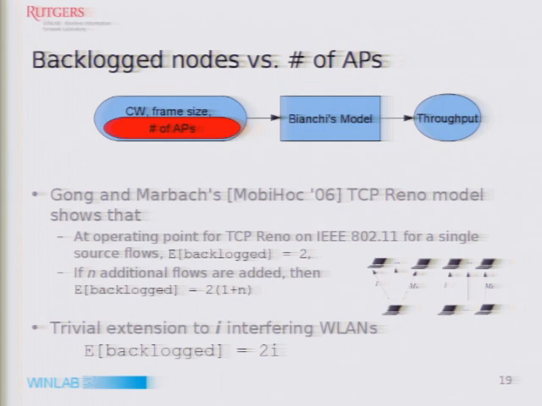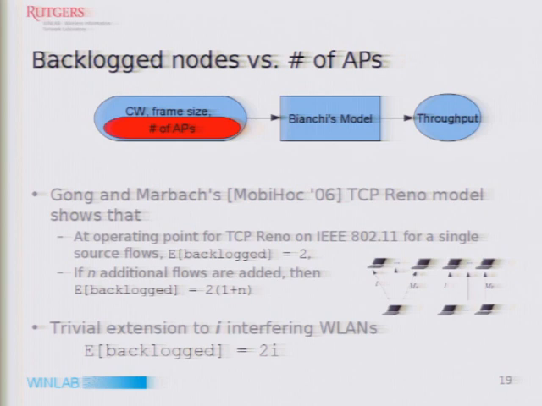I'm not going to go into details of that model, but the essential part that we used from it is this: if you have a single-source 802.11 network where you have TCP flows from one source to multiple destinations, the expected number of backlogged stations in that case would be 2.